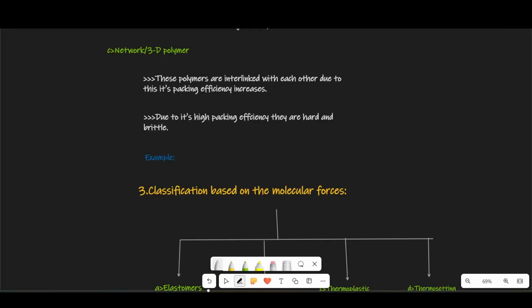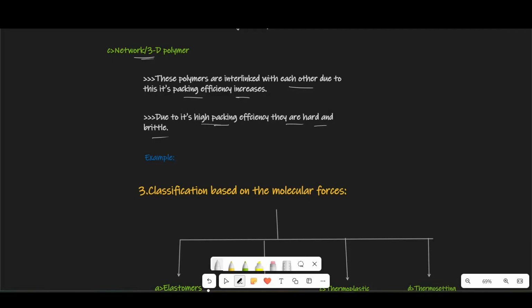Now let's talk about network or 3D polymer. These polymers are interlinked with each other, and due to that interlinkage, their packing efficiency increases.